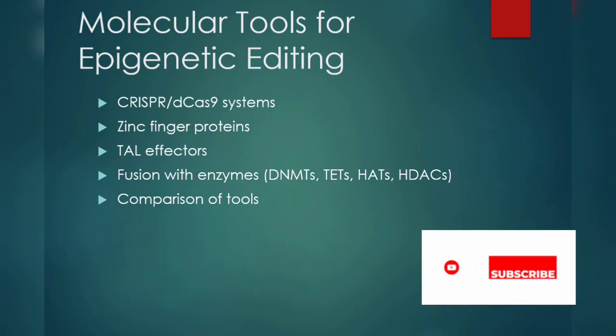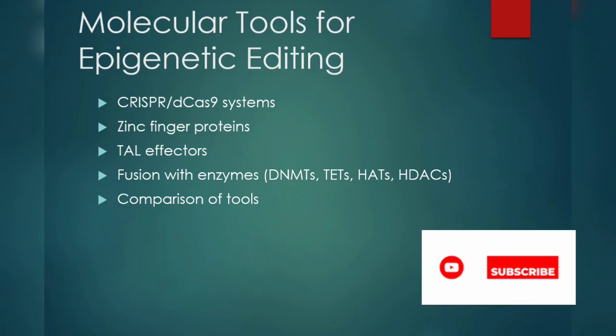Okay. Zinc finger proteins जो होते हैं, तो zinc finger protein या TAL effectors, they also can be engineered to target specific sequences, epigenetic marks को remove करने के लिए या add करने के लिए. These proteins are often fused with enzymes. ये proteins को फिर further fuse किया जाता है enzymes के साथ.